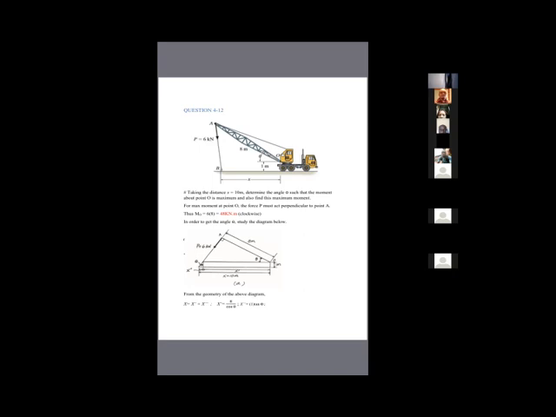So if you look at the diagram that we have with us here at the bottom here, the second diagram labeled A. So here we can see that 6 multiplied by 8 gives us a moment of 48, which is a clockwise moment. So this is the maximum moment that we're going to get at point A.